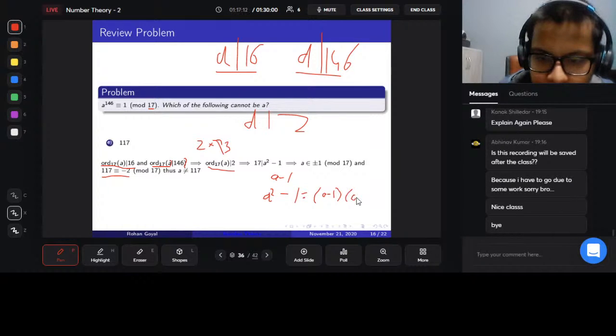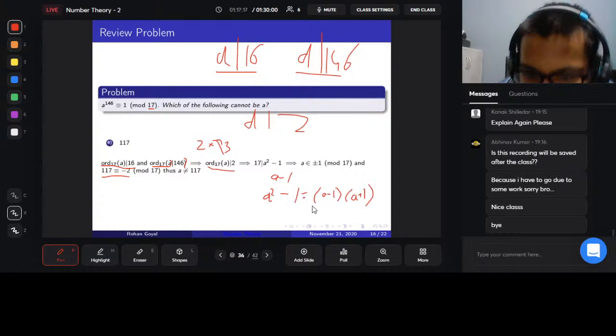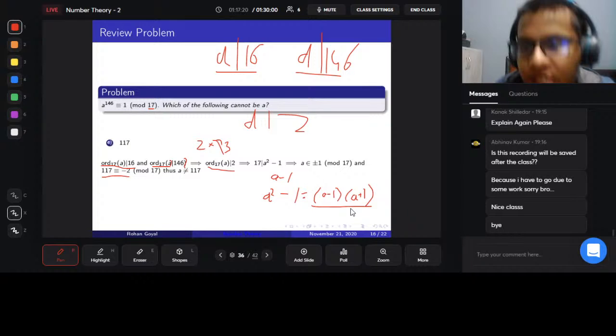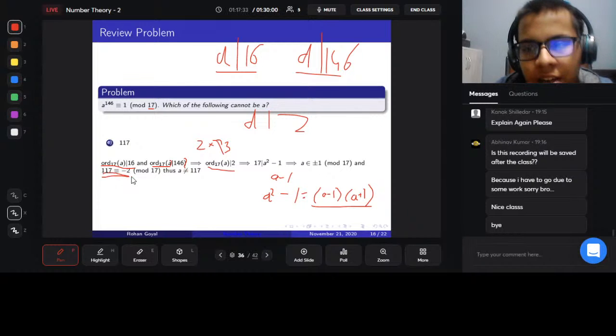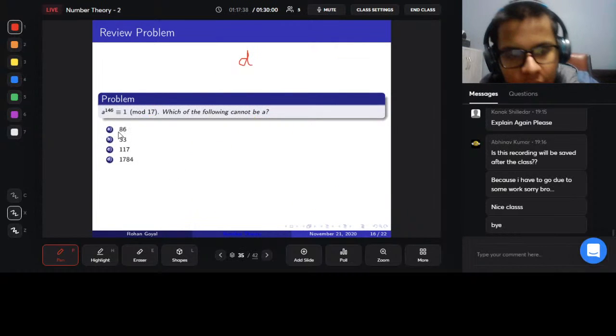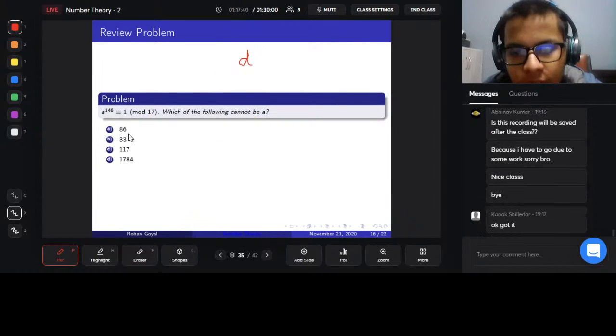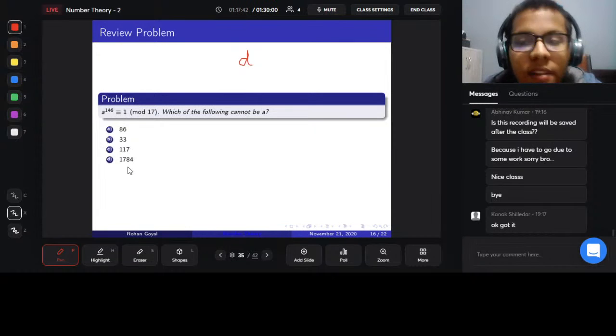So if 17 divides this number, it must divide one of these. So it will be either 1 mod 17 or minus 1 mod 17. But the only number which does not satisfy this is 117. So A cannot equal 117. You can see that 86 is 1 mod 17, 33 is minus 1 mod 17, and 1784 is minus 1 mod 17.